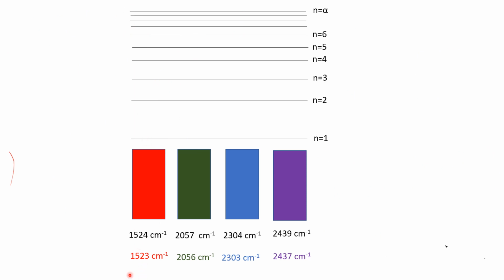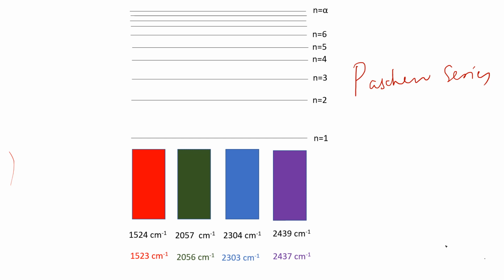And it doesn't end only with the Lyman series. It's applicable for all the series like the Paschen series. Then we have the Brackett series, the Pfund series. For all series of lines which are observed in the line spectrum of hydrogen, this particular equation holds true or is valid.